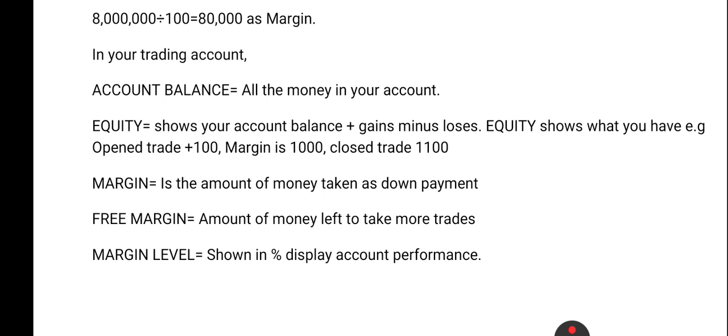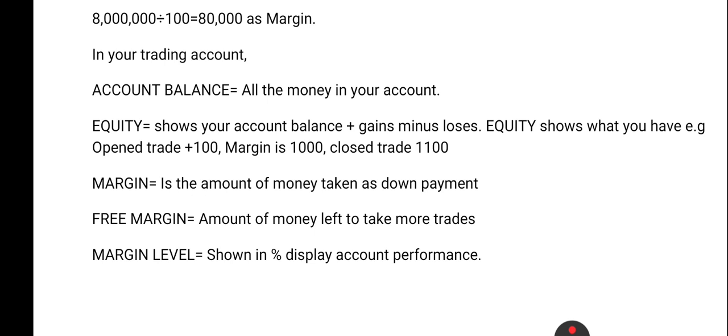The margin call is a system that most brokers have devised in their trading platform. Let's say the market has gone against you totally. Let's say you have $1,000 in your account and you have opened a high leverage trade of one standard lot, or let's say 5 standard lots or 10 standard lots, and the market goes against you.